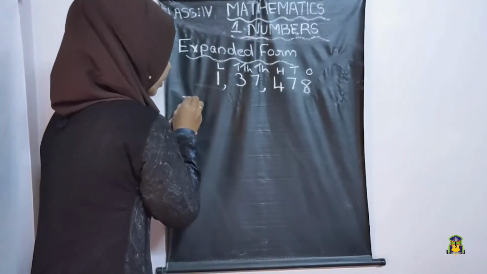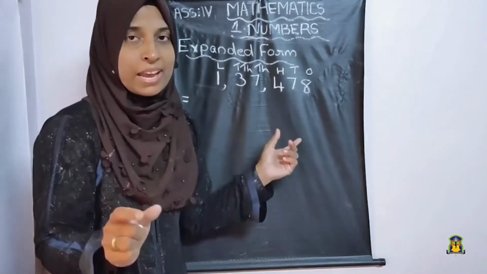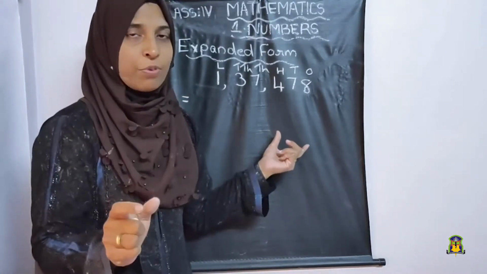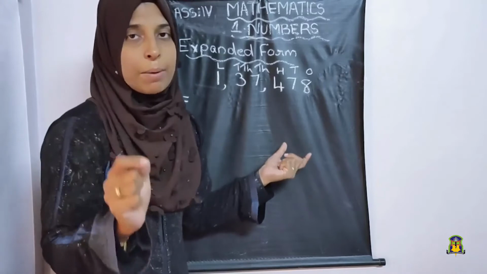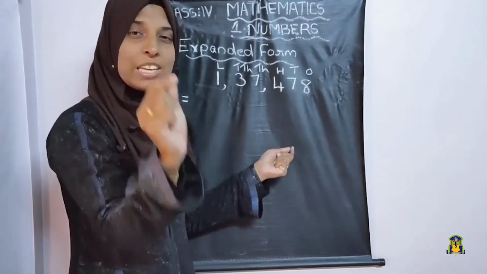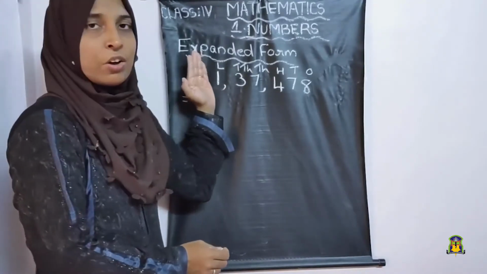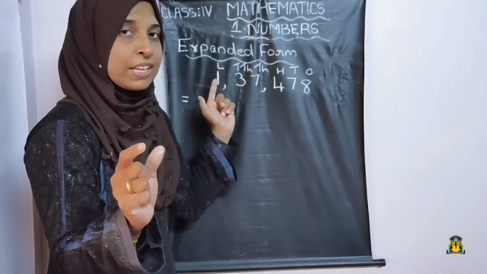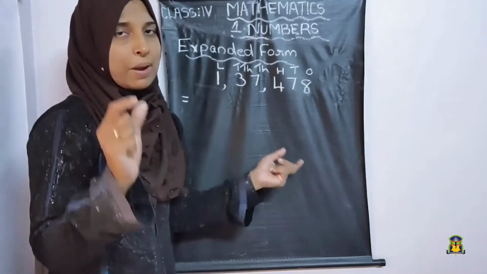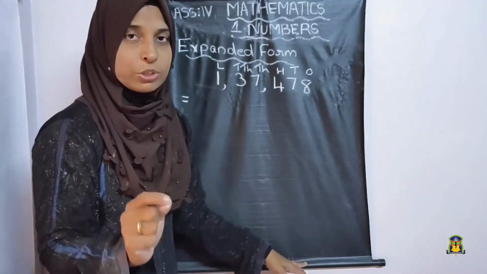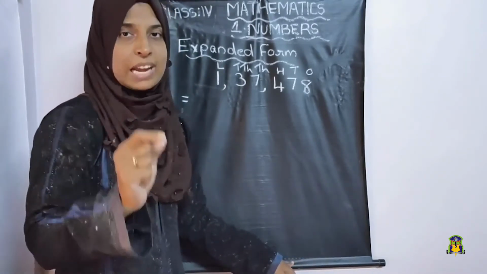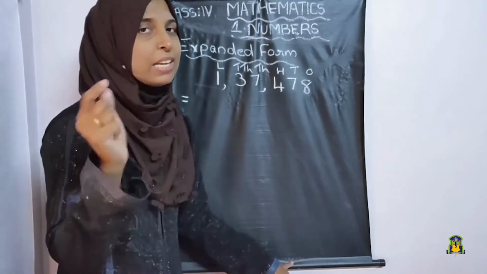Then let's write the expanded form of this number. Once again children, what is meant by expanded form? Expanded form is the sum of the place values of each digit. So we are starting from this side. What is the place value of a digit? We already studied: place value of a digit is equal to face value of that digit into value of that place.